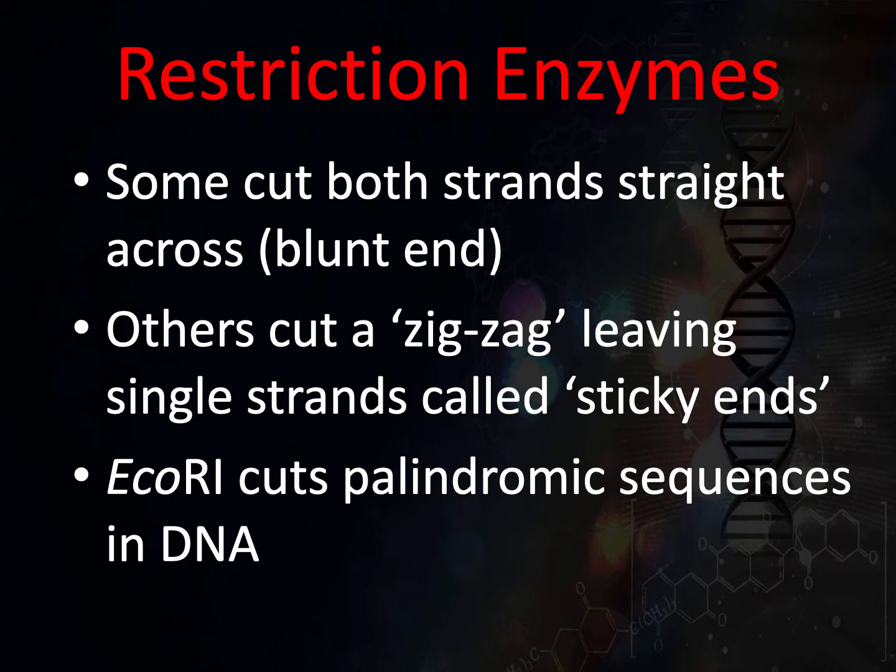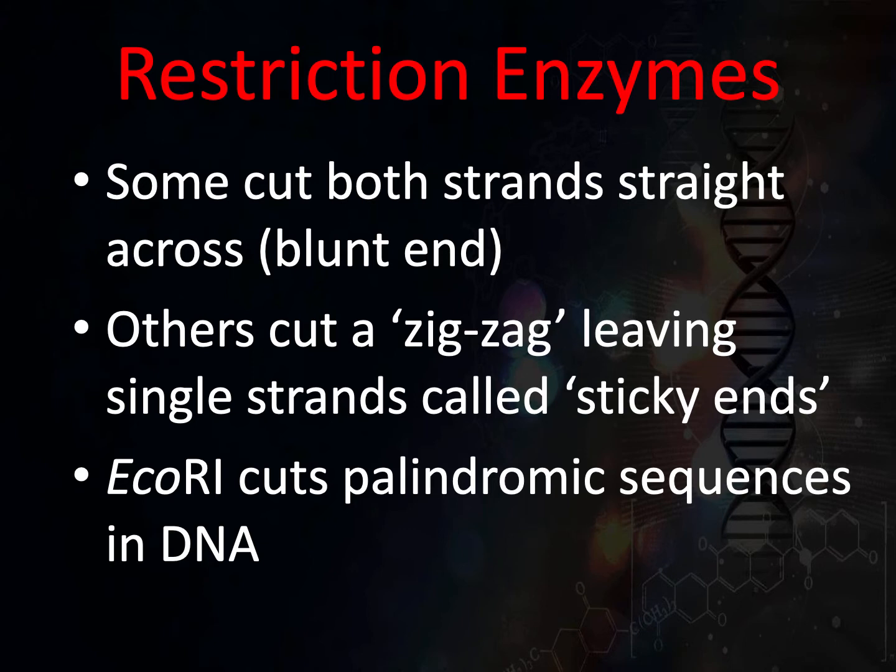And that leaves us these things that we refer to as sticky ends. And those sticky ends, we can then re-anneal or stick on a different piece of DNA and hook the whole thing back together. So when we cut the DNA, we need to have a way of putting the puzzle pieces back together again. And that's why we look for things that will cut in this fashion.